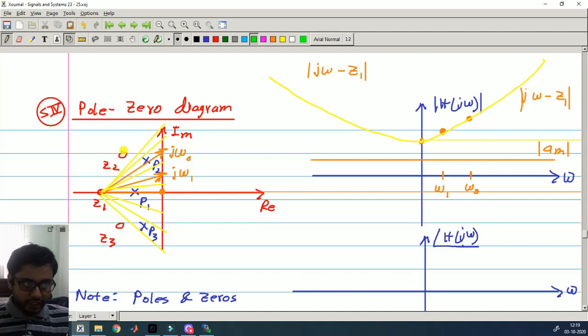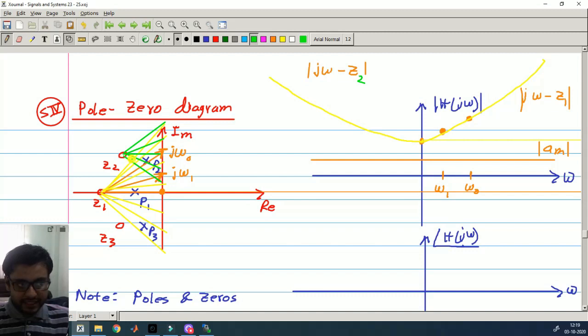So if we now consider, say, mod of j omega minus Z2, then you have to draw vectors starting from here up to different omega values, like this, then this, then this, and so on.